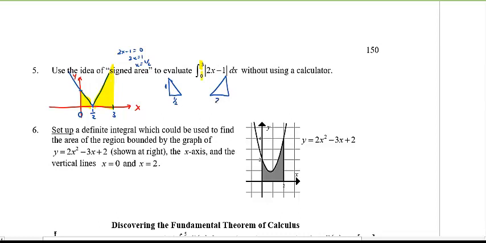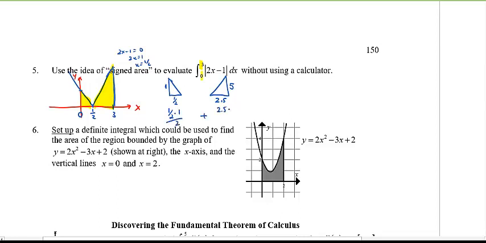The length of the right triangle here is 2.5. And if I were to figure out the height here, plug in the value of 3, 2 times 3 is 6, minus 1 is 5. So, time to do some basic geometry. Base times height divided by 2.